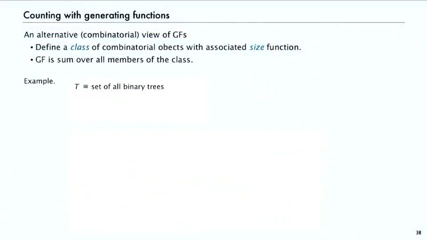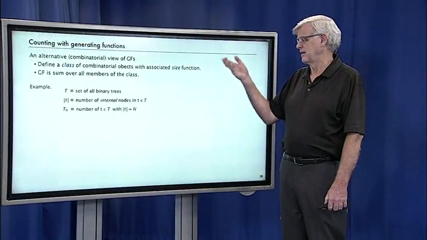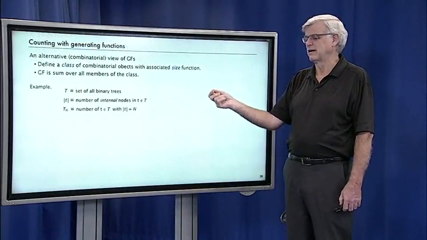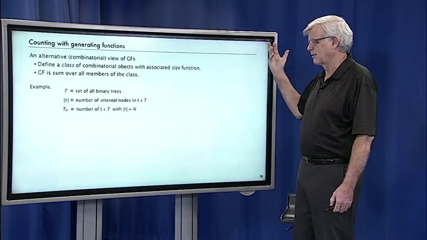So let's say T is the set of all binary trees. Then we're going to define a size function that looks like absolute value. For any binary tree, it's going to be the number of internal nodes in that tree. Now what we're interested in is a counting sequence, as we were before.